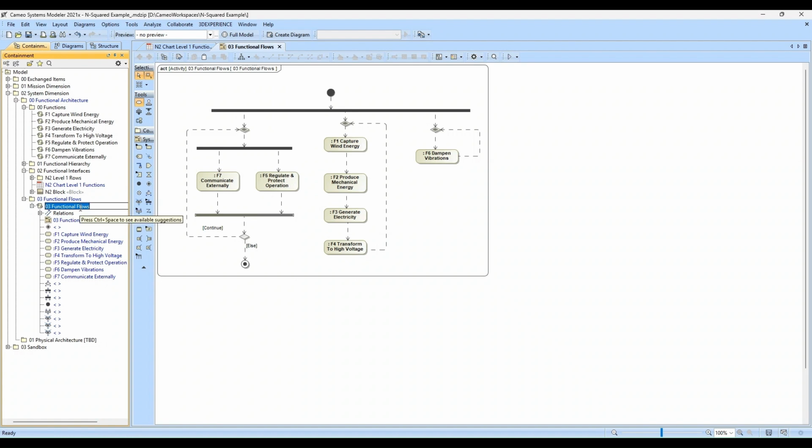We'll rename the functional flows, rename the diagram, and we have our system functional flows represented accordingly.